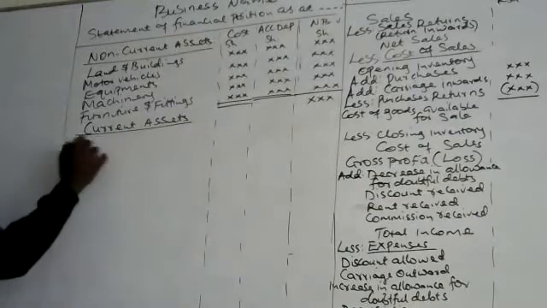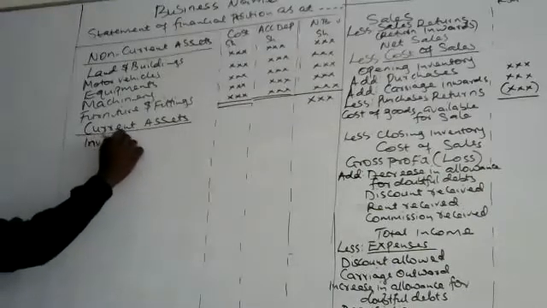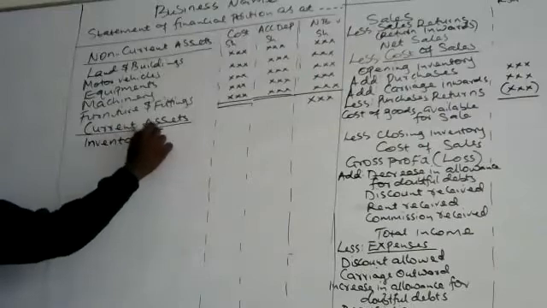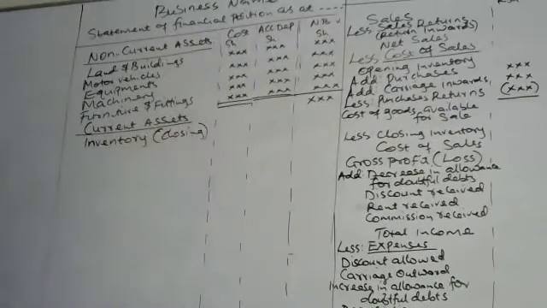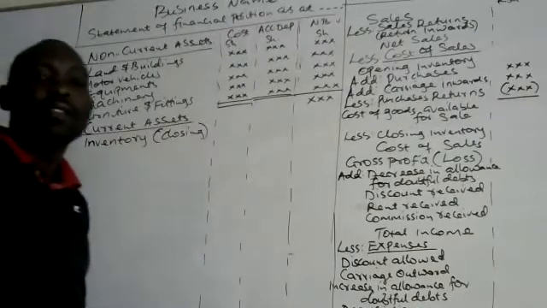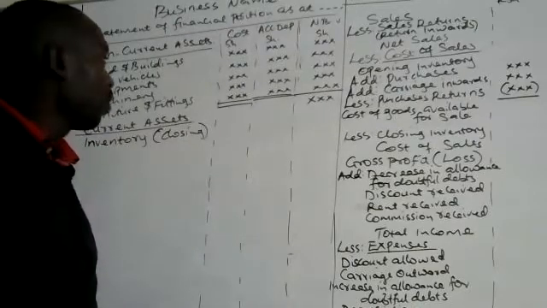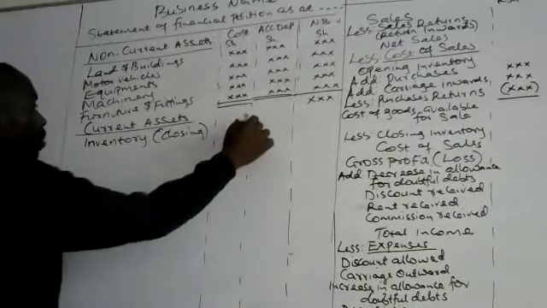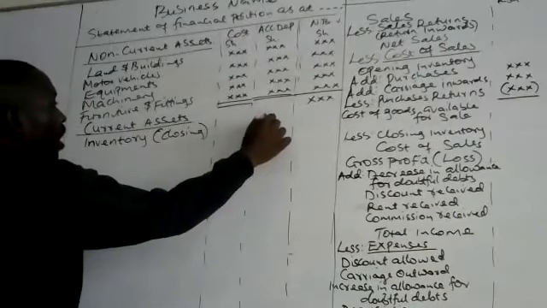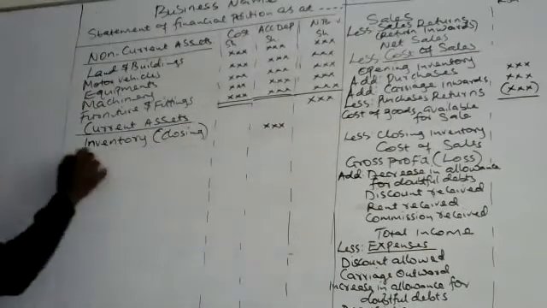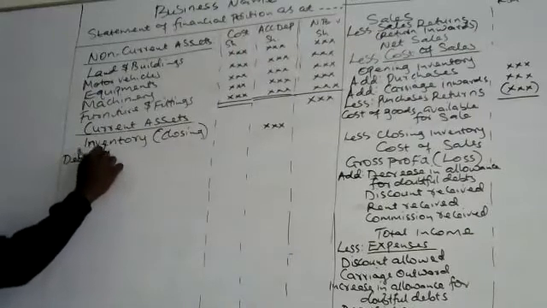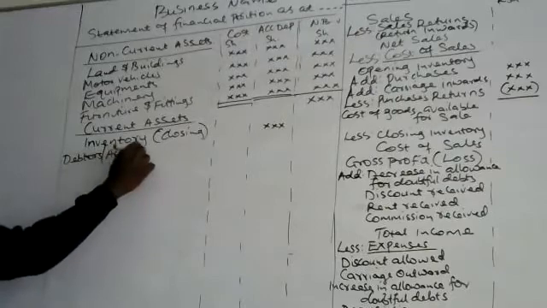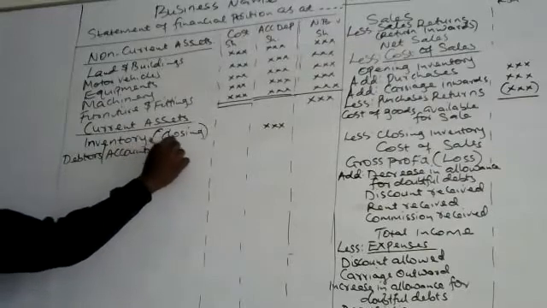Current assets include items like inventory, and use the closing inventory. Closing inventory is the one that is still in the business. That is what we consider as the asset. Then we have the debtors, also known as the accounts receivable.